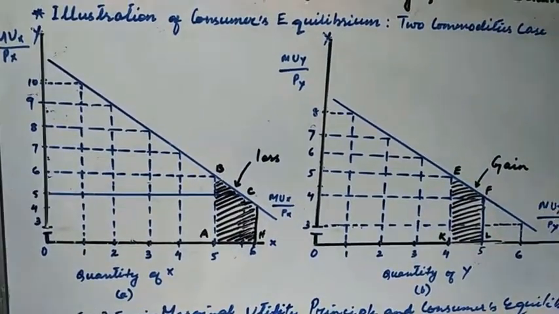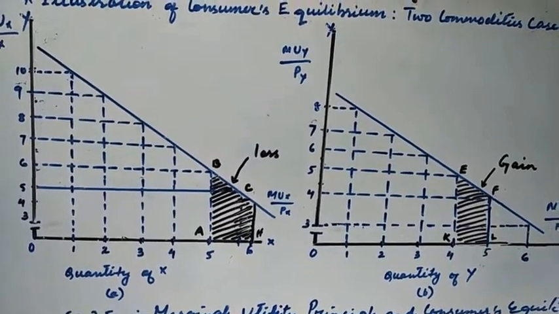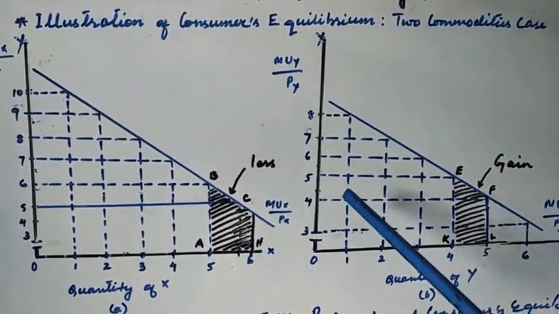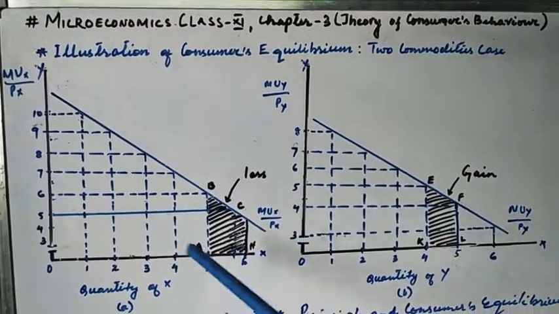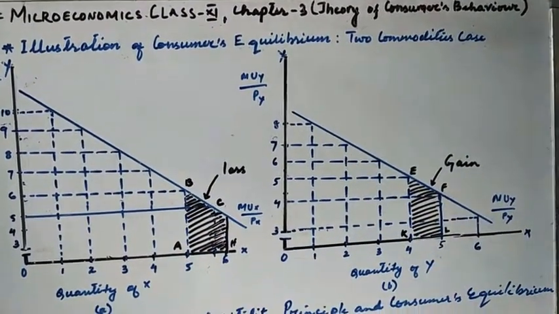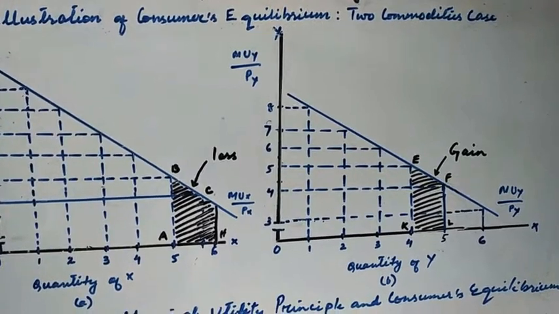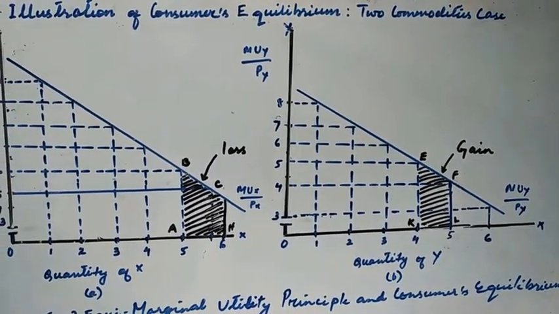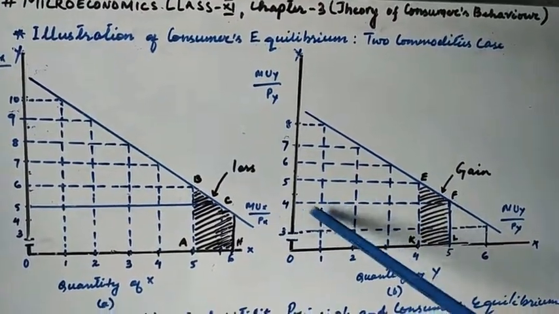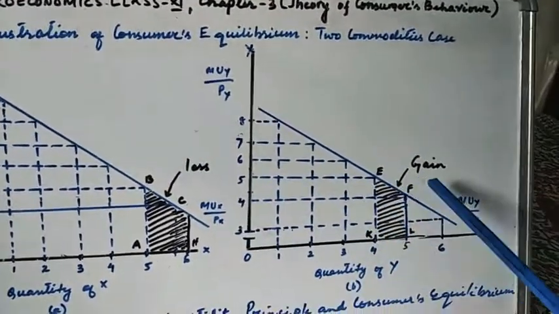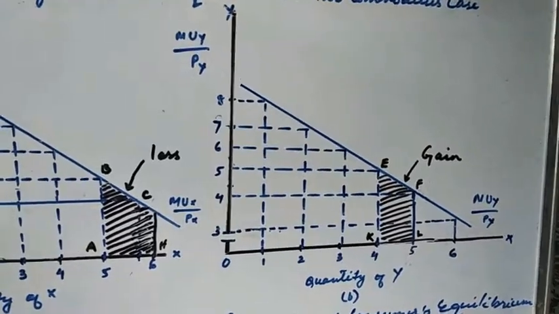So consumer's equilibrium is graphically represented in figure number 2. Graphically we have represented the consumer's equilibrium in the case of two goods, two commodities. Since the marginal utility curve of goods slopes downward, the curves depicting MUX/PX and MUY/PY will also slope downward.